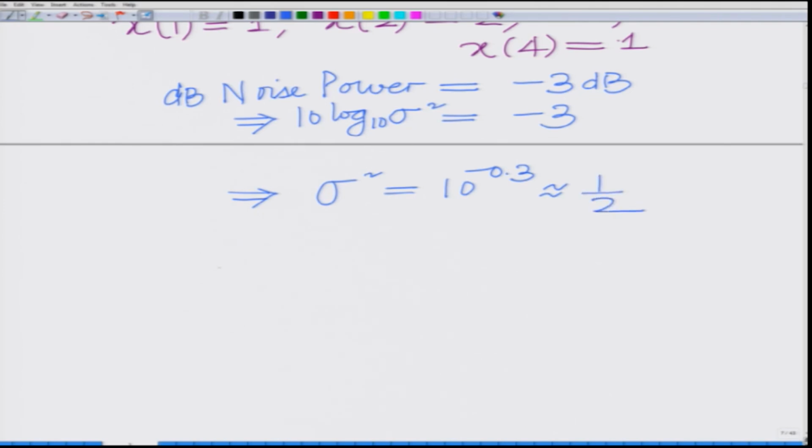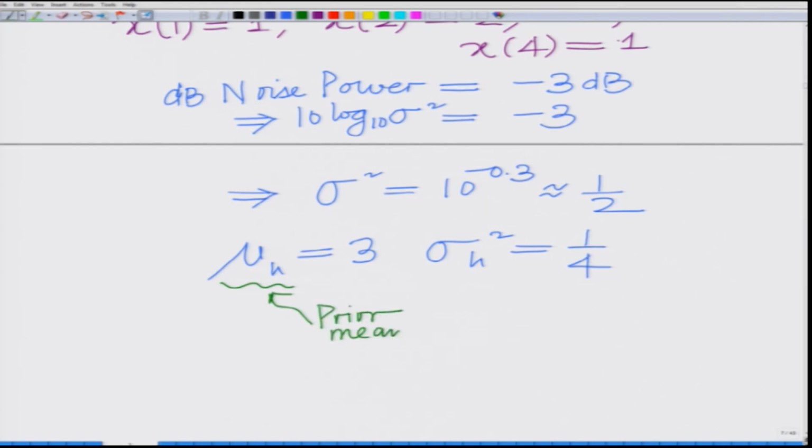Okay. Let us say the prior mean mu h is equal to 3, and the prior variance sigma h square equals 1 by 4.